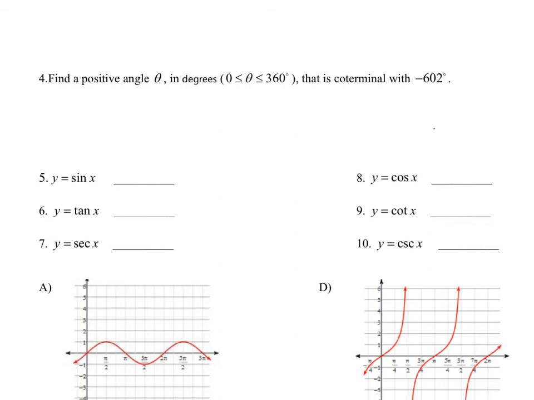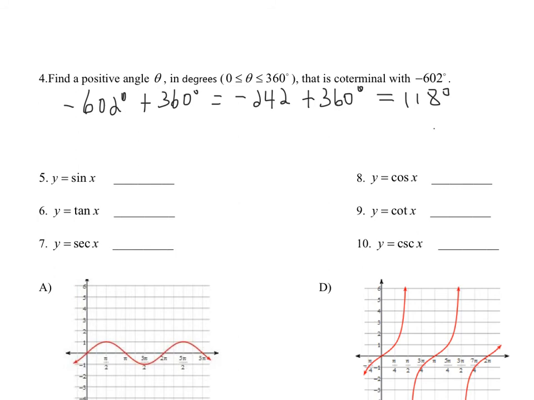So we need to also look at our restriction. This restriction says that we need an angle between 0 and 360. Just because I add 360 to negative 602, it is a coterminal angle, but it doesn't fit this restriction. So I might have to add 360 again. Let's give this a try and see what happens.